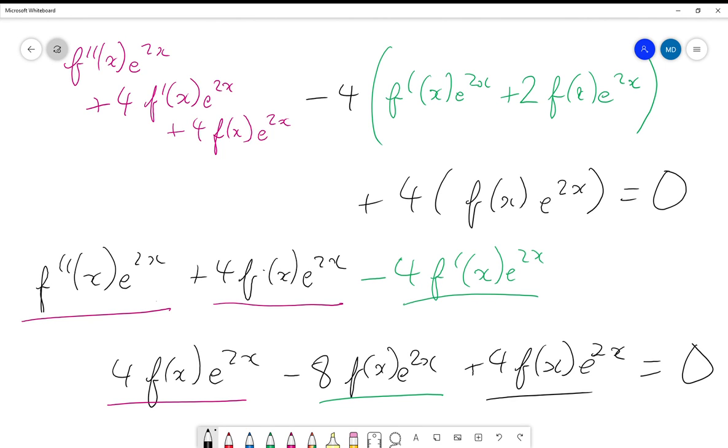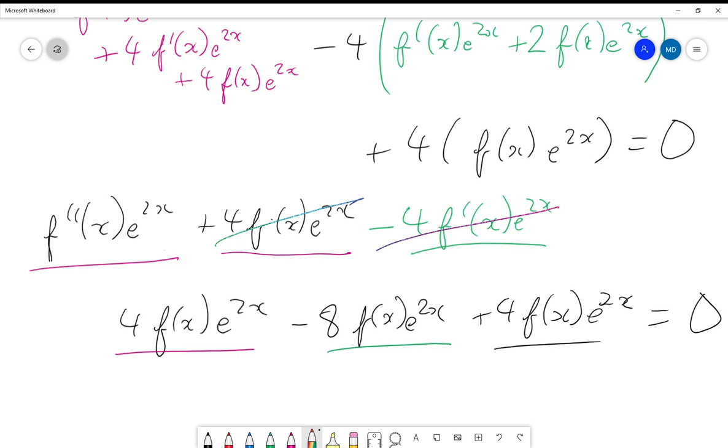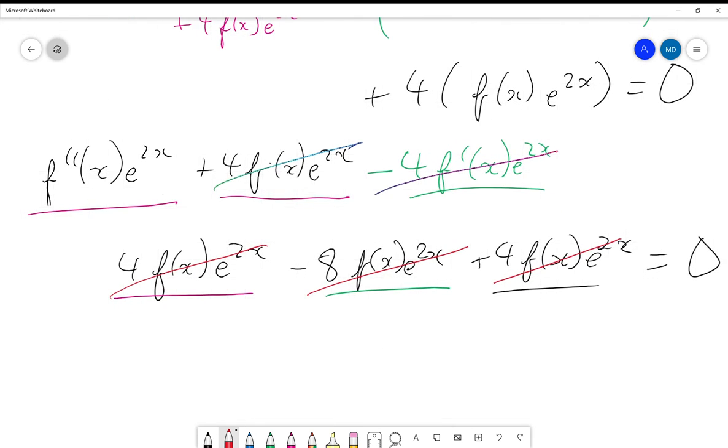But let's actually pay attention to what's going on here. This and this are going to cancel because they are exactly the same term, but one's positive and negative. And same here, all of these are going to cancel because 4 and 4 make 8, and then we're subtracting 8, so they all cancel. And we are left with just f double dash of x e to the 2x equals 0.